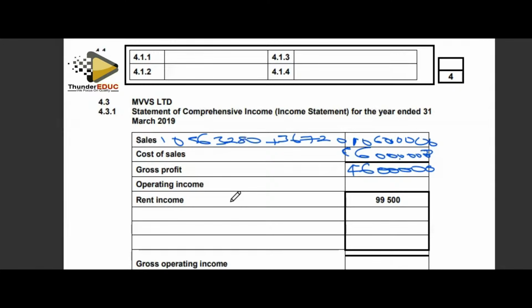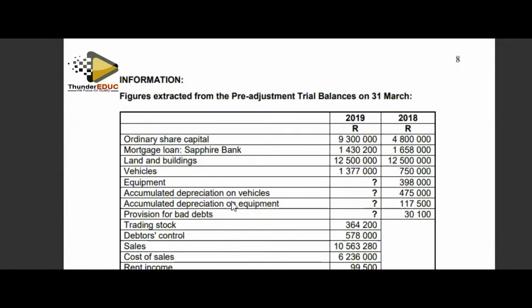Actually, this is called other operating income or operating income. There is no problem. So rent income is given. We have bad debts recovered. So we have to look for that figure. Where are our bad debts? Let me see. Bad debts recovered. Let's look for them.